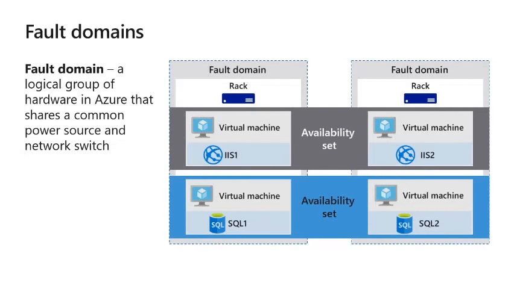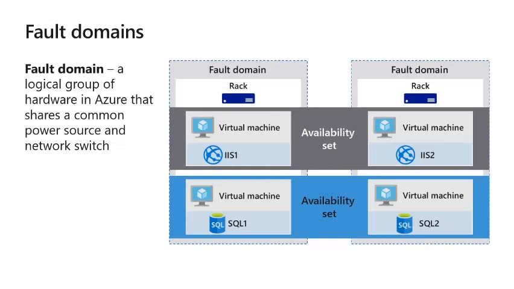Then you have the fault domain. This is really interesting. You create a fault domain depending on your requirements, but it is a logical group of hardware in Azure that shares a common power source and network switch. So you need to create fault domains accordingly.